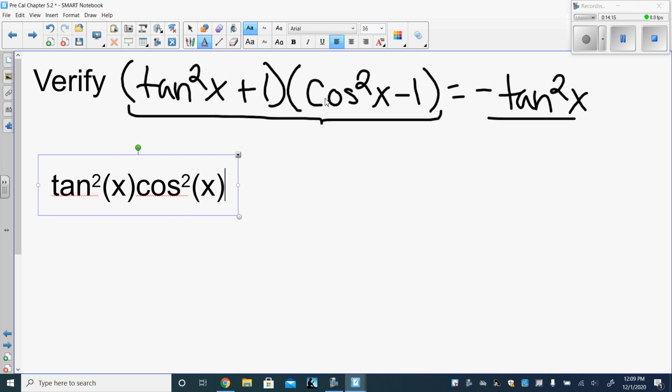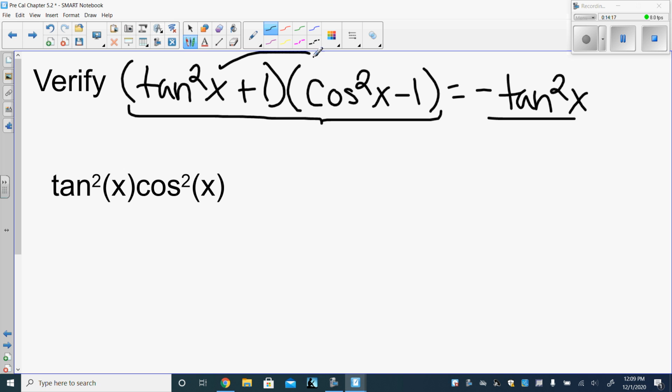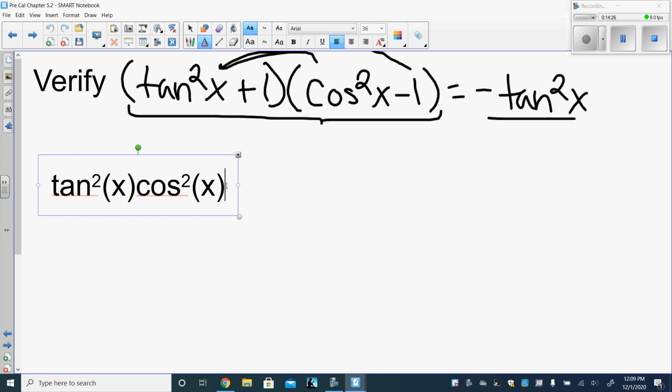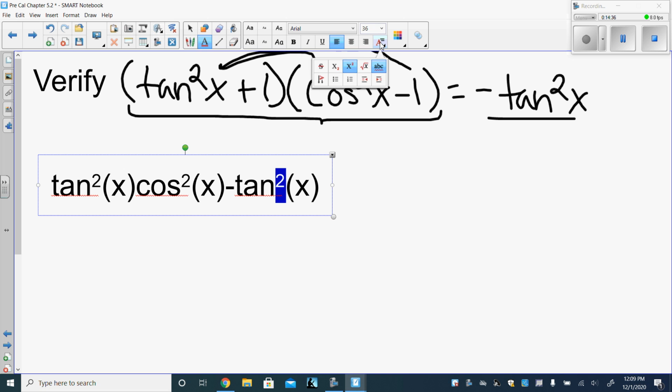Now we're going to multiply the next two. And when I multiply the next two, we'll get negative tangent squared of x. Well, hey, that's what we need. If everything else cancels out, then we're done. But we'll see. So we have this here.